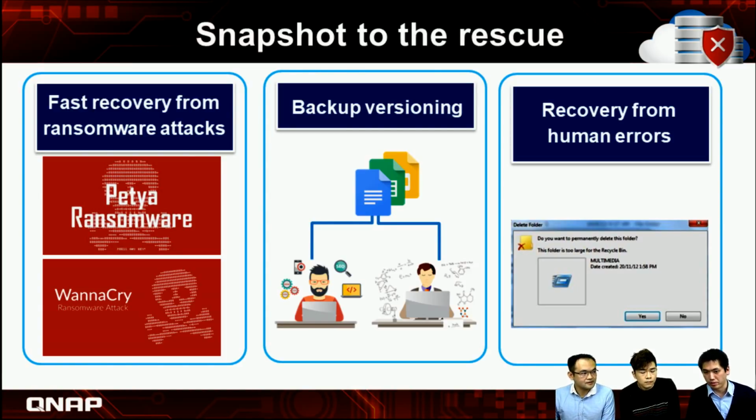Those ransomware just lock the storage data, and you cannot access it because it's encrypted. You need to pay some money or some Bitcoin to get the data unlocked. So Snapshot is definitely useful to protect against this kind of ransomware attack.